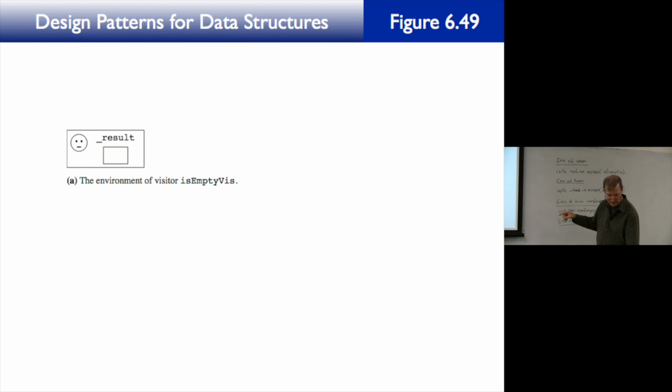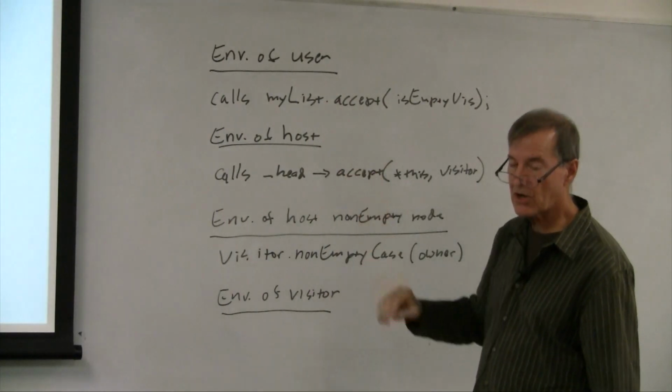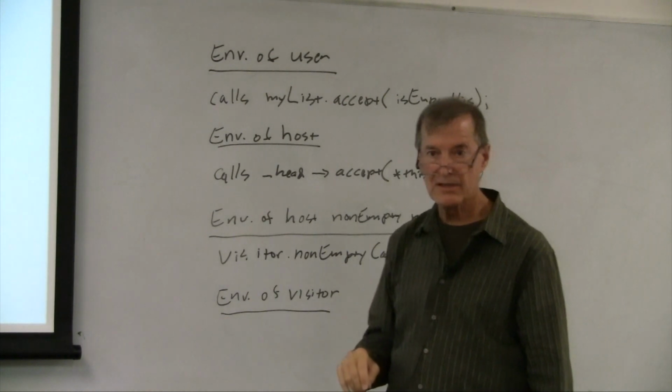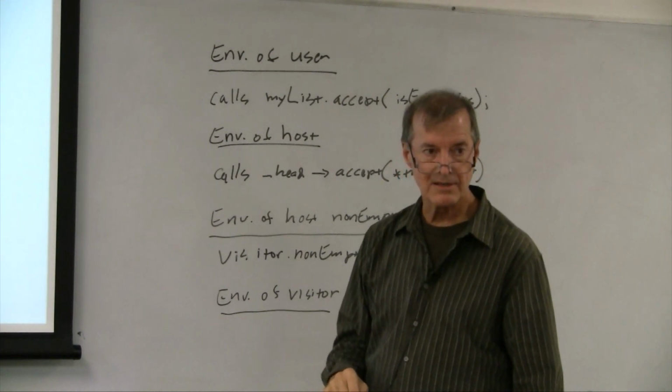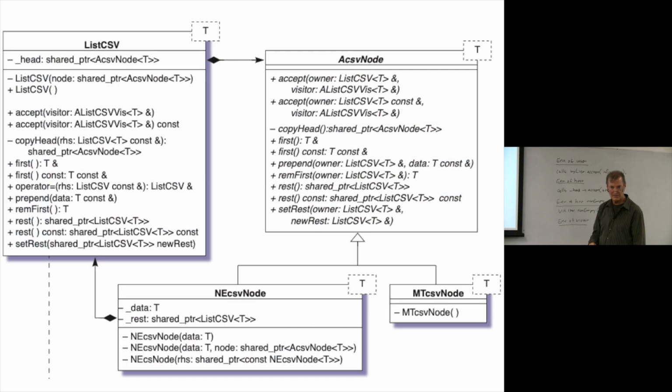After the user calls mylist.accept isEmptyViz, that takes us into what? The environment of the host. Now what is the host? It's a list. Are you with me? It has an underscore head, just like before. So there's the underscore head of the host. But what else is in the environment there? The attributes, underscore host, but what else?